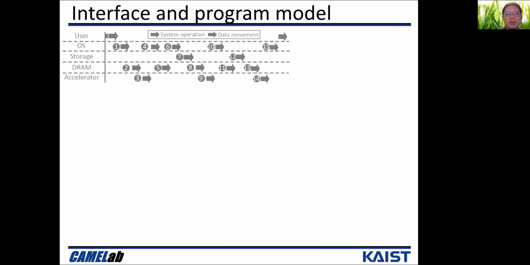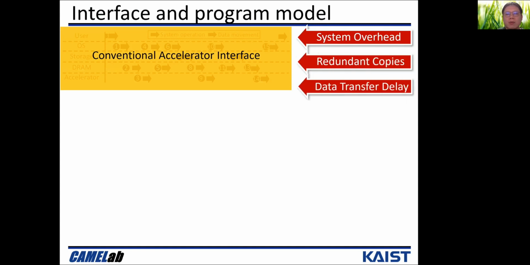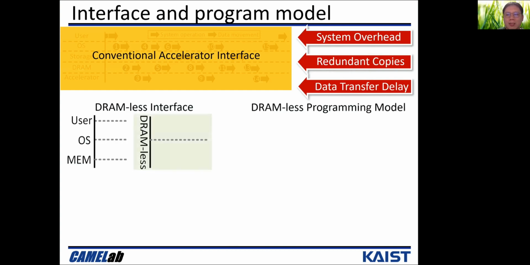The figure is the traditional heterogeneous system that I mentioned before. In the traditional heterogeneous system, the host needs to prepare both data and the kernel for the accelerator. This can introduce high system overhead, redundant data copy, and a long data transfer delay. As we can store all the data in the accelerator-side PRAM, our DRAMless only needs to prepare the kernel, which can simplify the whole procedure.